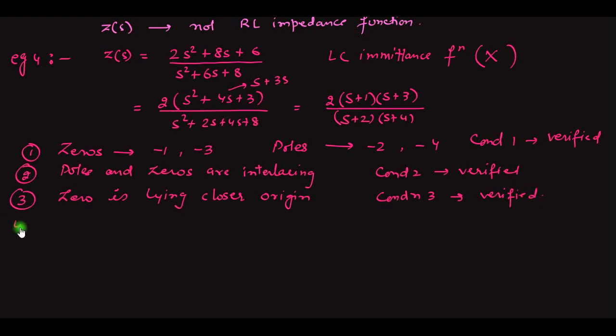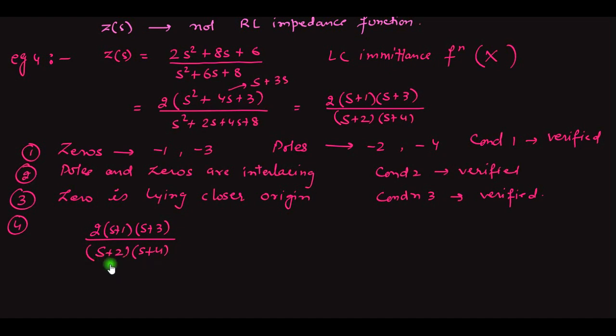Now I will check condition number 4, which says the residues of poles should be real and negative. Let us check the residues. We have 2(s + 1)(s + 3) divided by (s + 2)(s + 4).